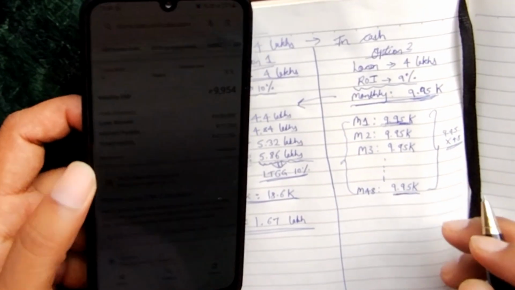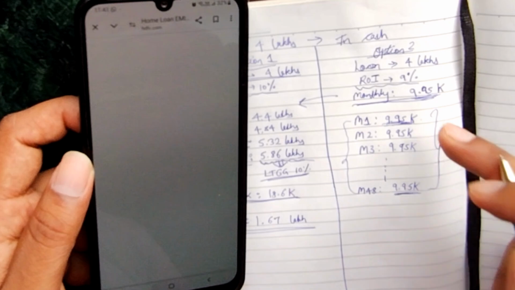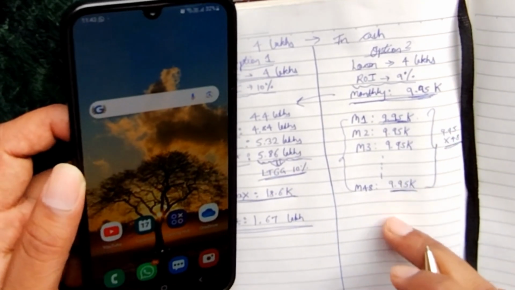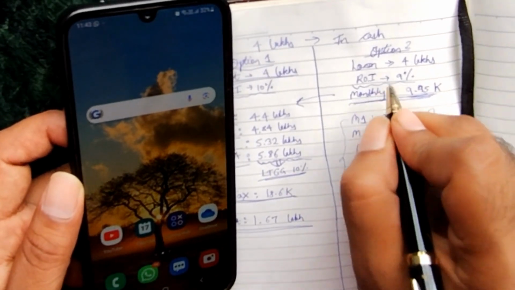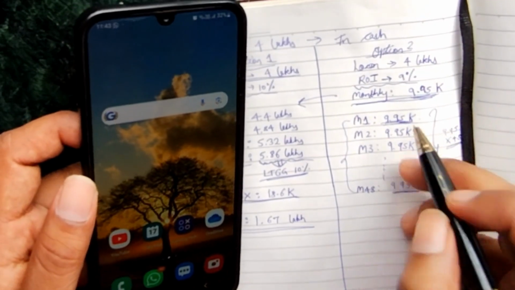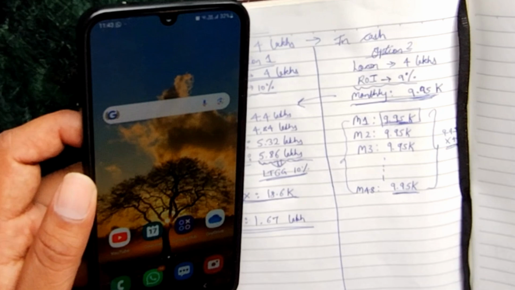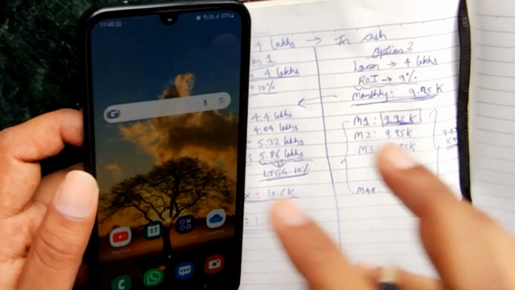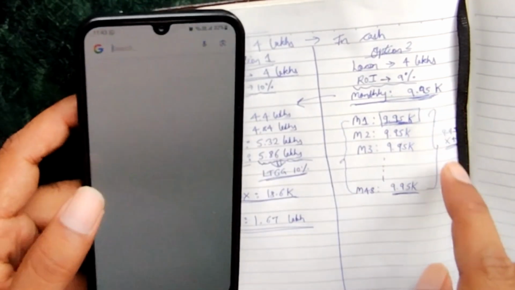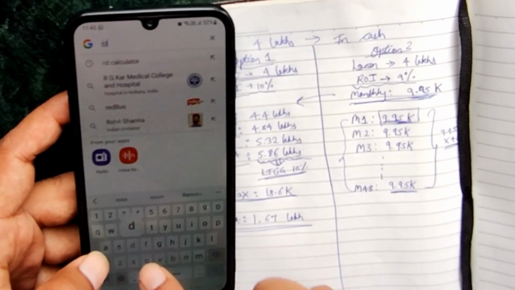So what we have to do is calculate the future value of each of these installments to arrive at the final value which he would be paying had he taken a loan of 4 lakhs at a 9% interest rate. This becomes similar to a recurring deposit, wherein every month you are paying a certain amount at a fixed rate of interest. So we can easily calculate the amount which he would have paid at the end of 4 years by the recurring deposit formula.